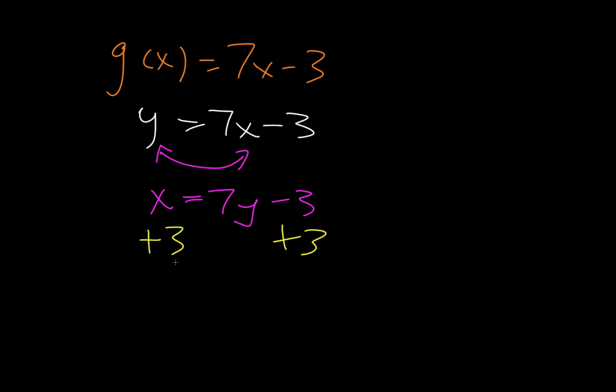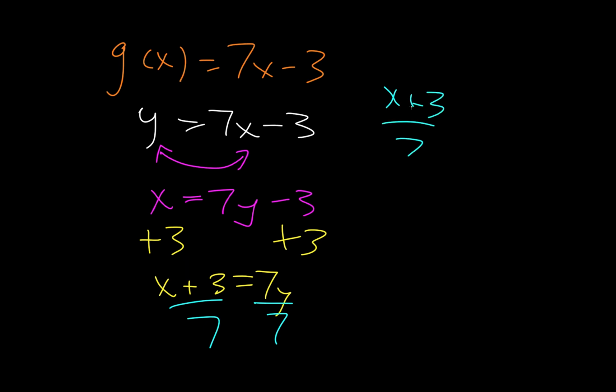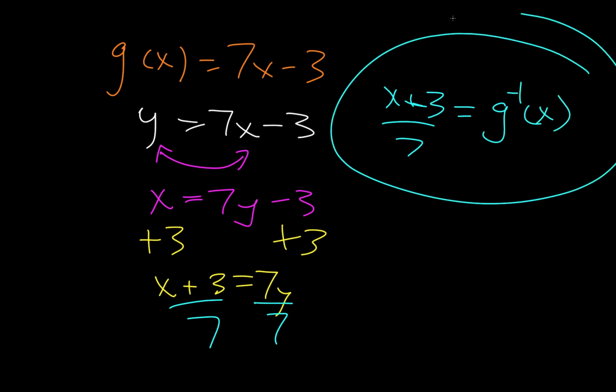So in this case, we add 3. Continue to solve for y. Divide by 7, divide by 7. And so we have x plus 3 over 7 equals g of x. But since it's an inverse, we say g to the -1 of x. And that would be our final answer on that one.